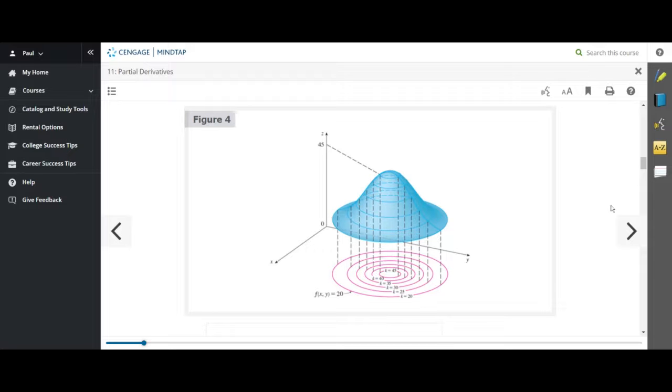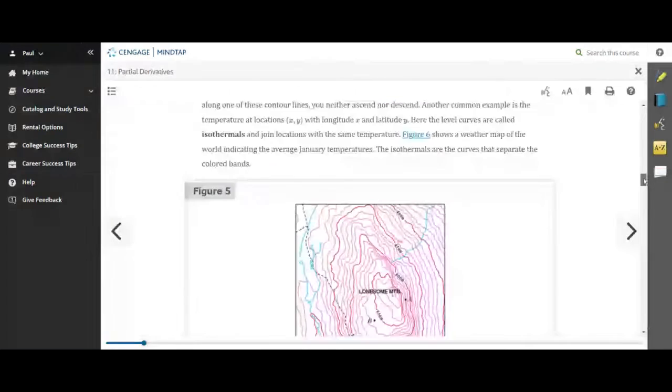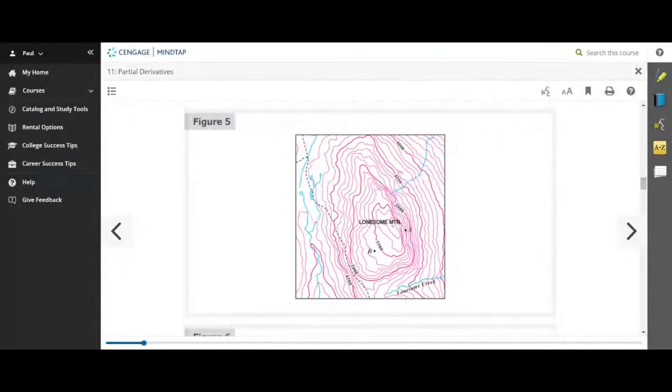They have another example here. I don't know if you've ever seen these kinds of maps, but here you have a topographical map of a mountain, Lonesome Mountain. How many have maybe seen topographic graphs like this, or pictures? IB has. Yeah, pilots certainly would be interested in this.